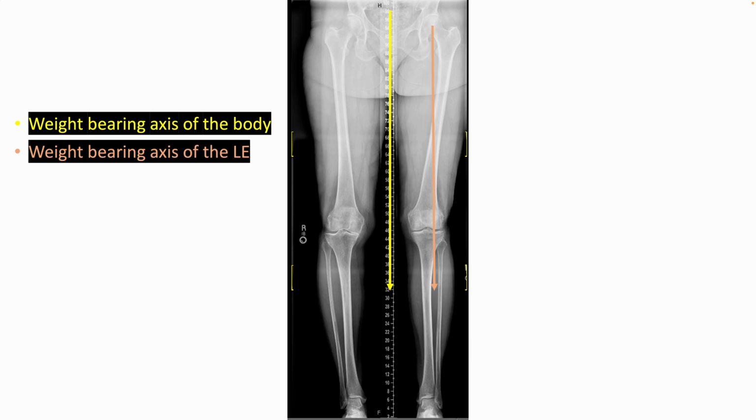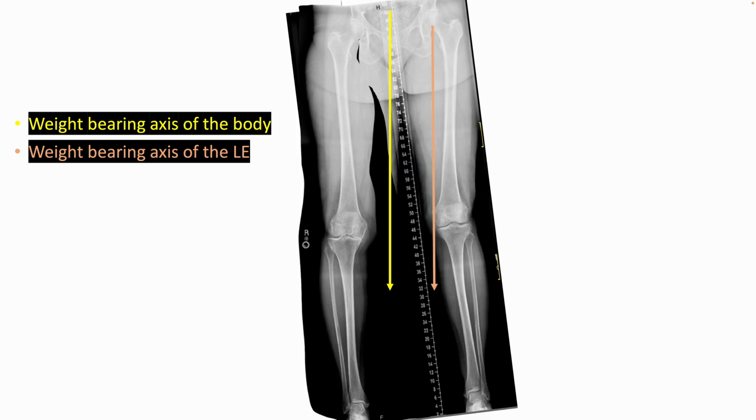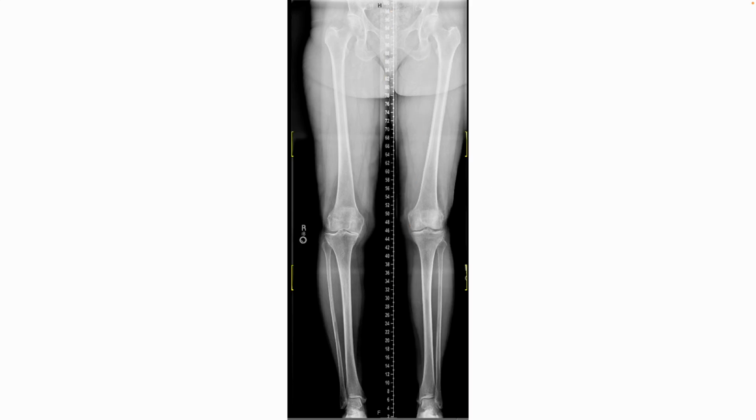The other is the weight-bearing axis of the lower extremity, which is a plumb line from the hip center. However, these axes are not very reliable because they can move when the body's weight shifts from one leg to the other. So these are not conventionally used in total knee replacement.